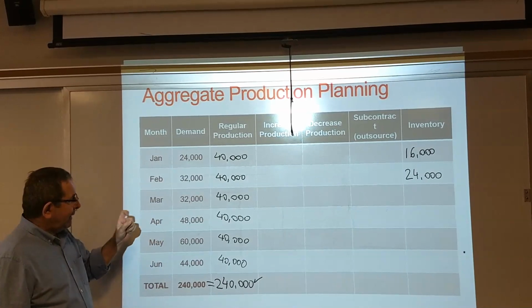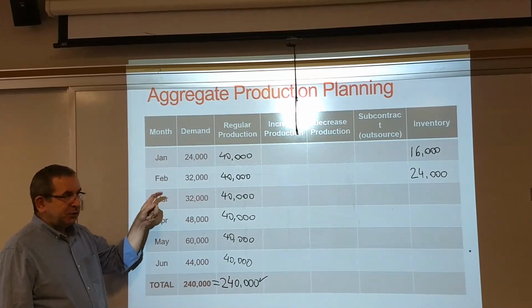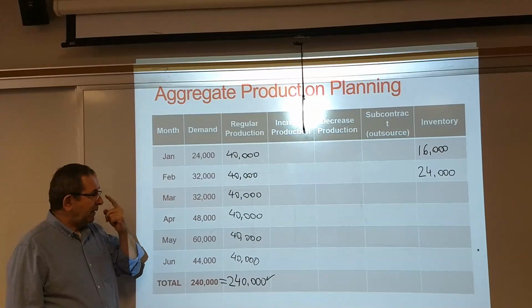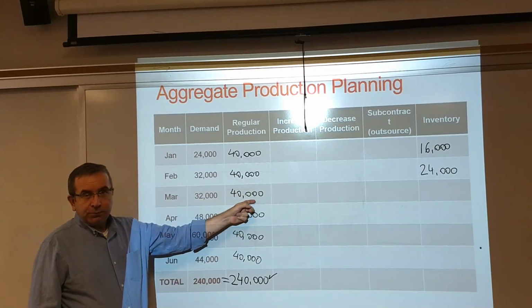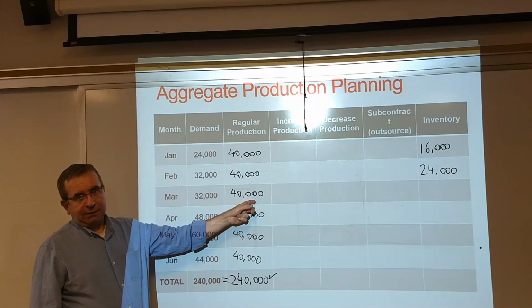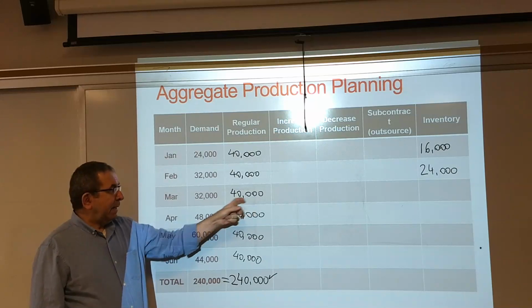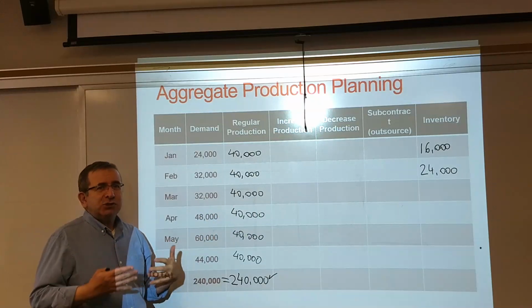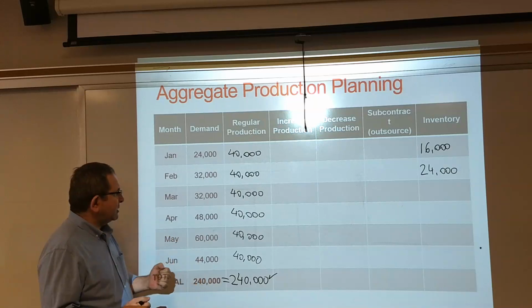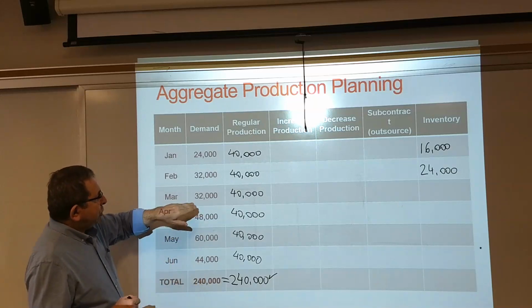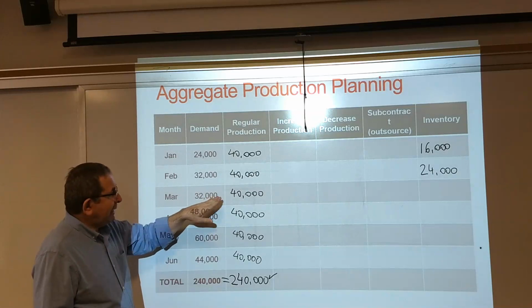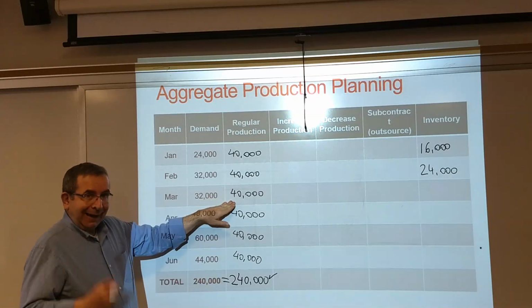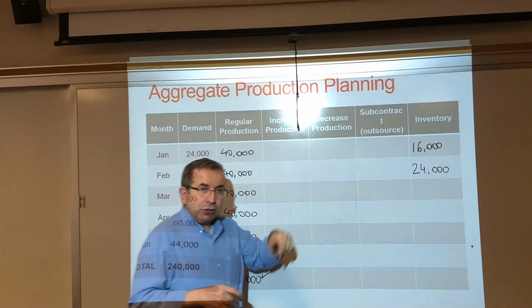You begin the month of March with that much inventory, and on top of that, you're going to produce 40,000 more items. But again, the customers don't want as many products. So you sell 32,000 items to your customers, and the remaining 8,000 goes to your inventory.